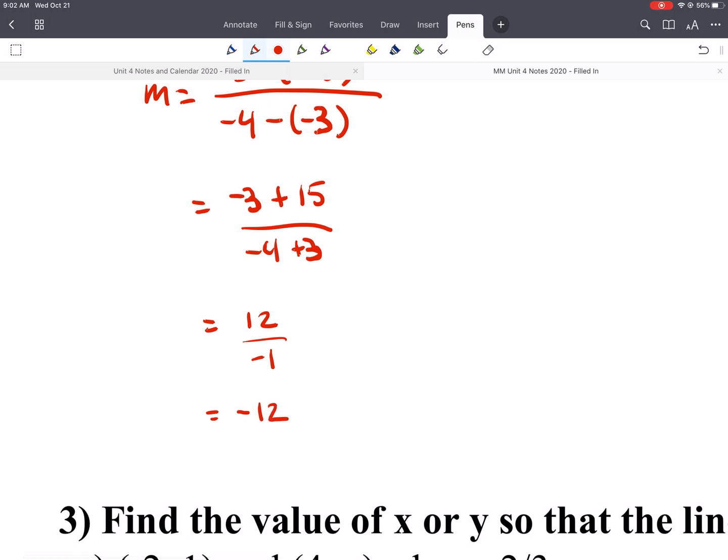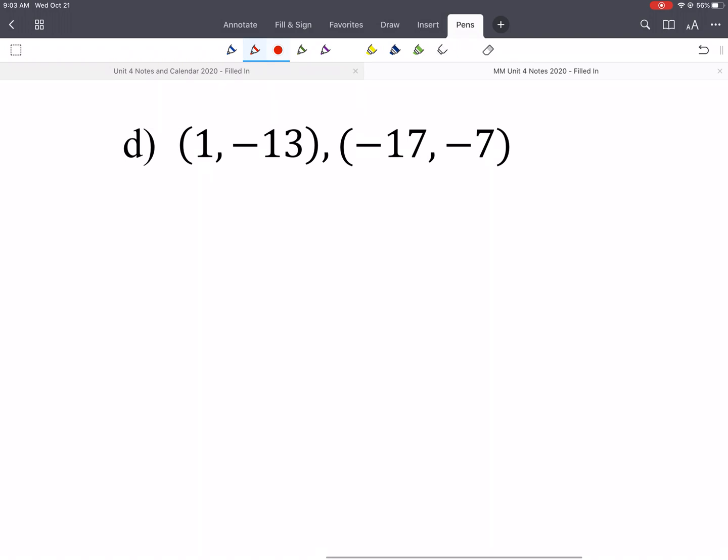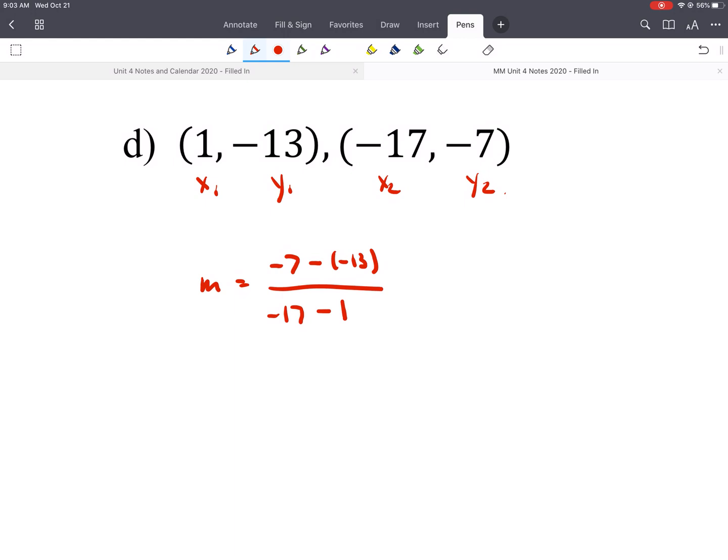If we can simplify our fractions, we should, for full points. All right, and then hopefully you gave this one a try too, so I'm going to do x1, y1, x2, y2. I'll do the difference of the y's, so negative 7 minus a negative 13 over the difference of the x's, so that'd be negative 17 minus 1.